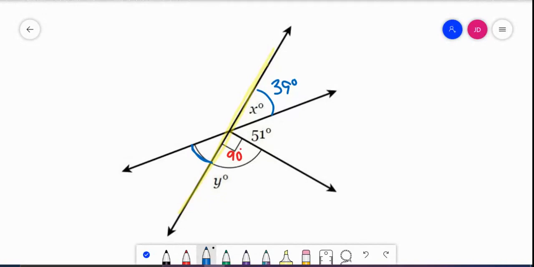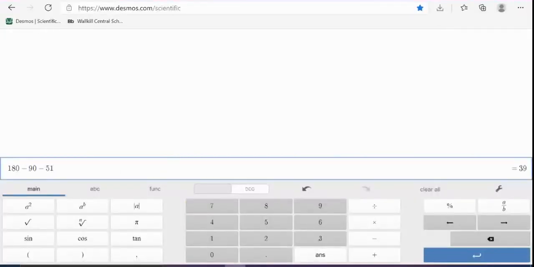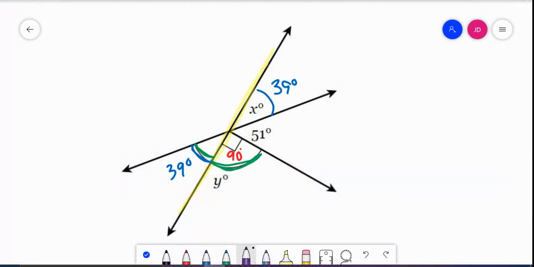It is also 39 degrees. And now I can figure out this whole thing because I know this is 39 and this is 90 right here. So 39 plus 90. Oop, not 80, 90 is 129. So actually this whole thing is 129 degrees.